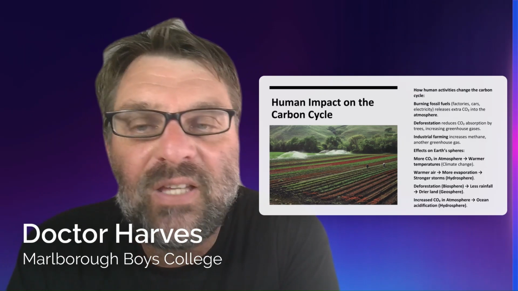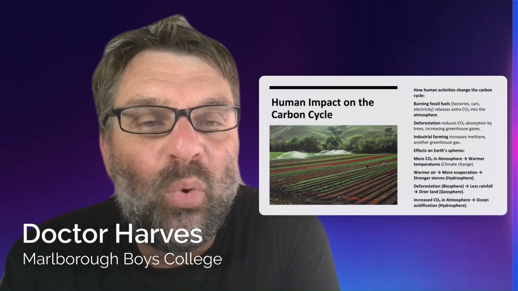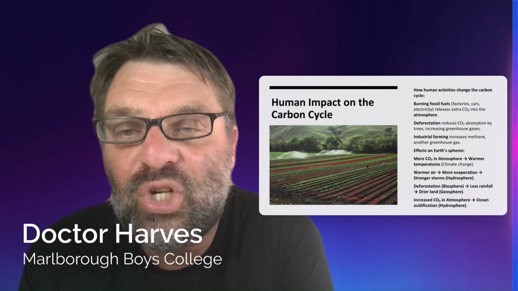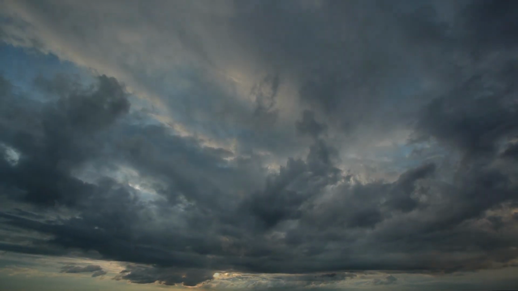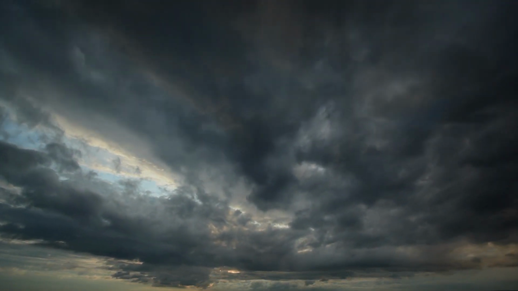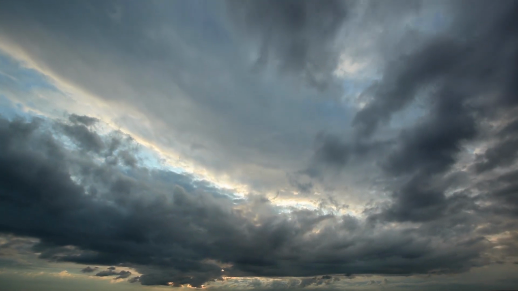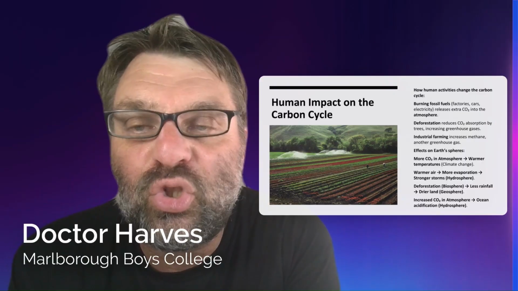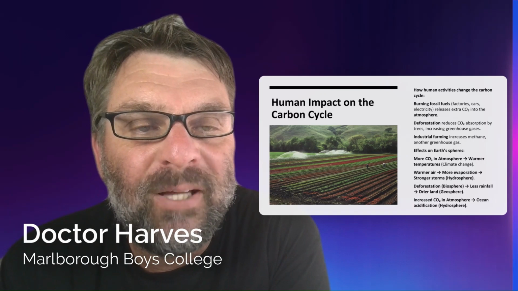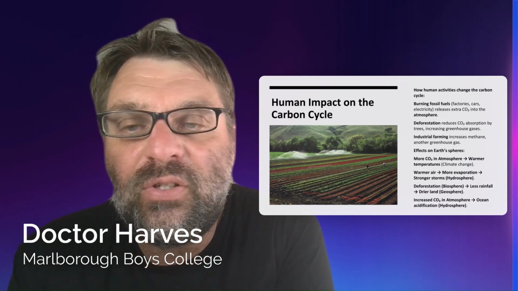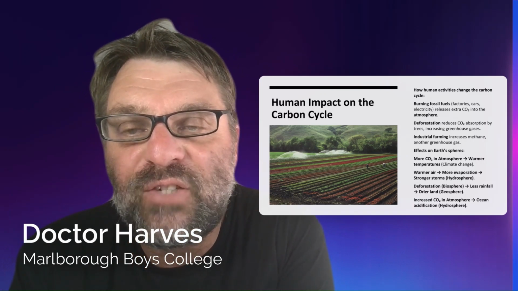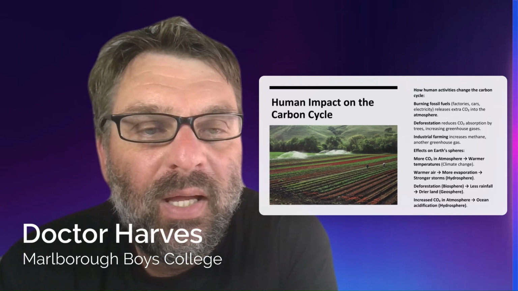In terms of the effect on the spheres, more carbon dioxide in the atmosphere gives you climate change, so temperatures start to increase globally. Because of this warmer temperature, you get more evaporation of water, which we saw in the water cycle lesson, and that leads to stronger storms in the atmosphere. Deforestation affects the biosphere, because plants are organisms.